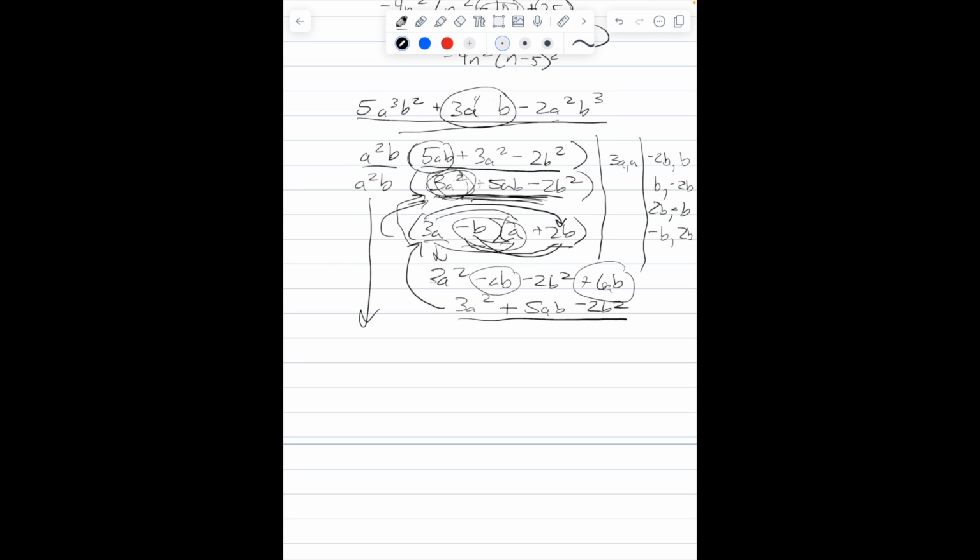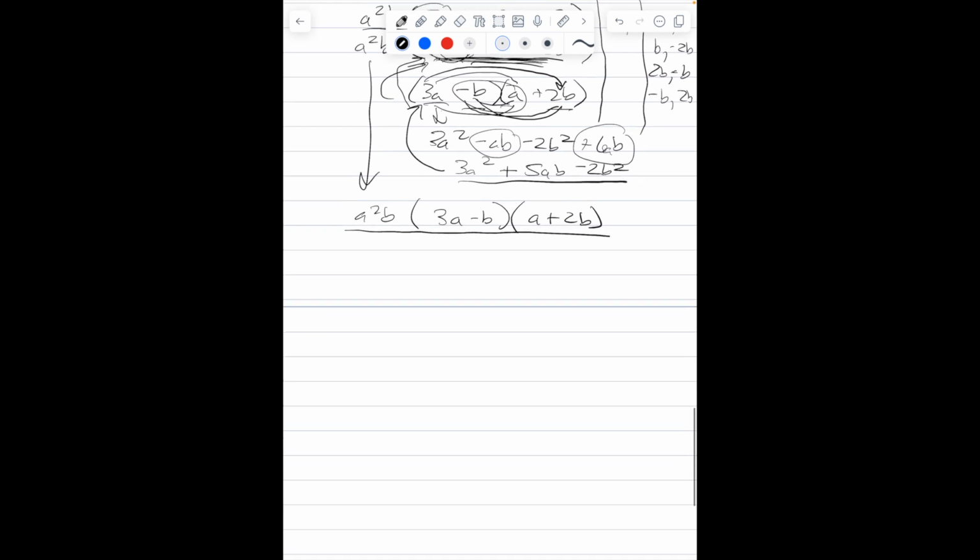We're bringing down a squared b, and we factored out 3a minus b times a plus 2b. There's your nice clean answer after all of my chicken scratch.